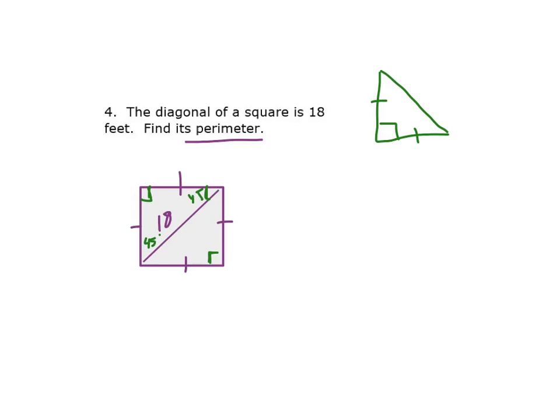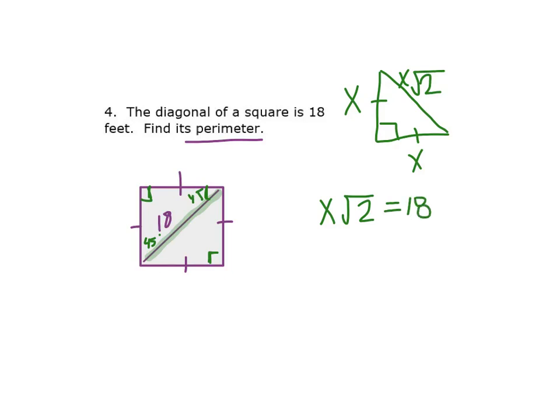So once again, we are looking at a special right triangle, 45, 45, 90. So each leg is represented by x. The hypotenuse is represented by x times the square root of 2. If the diagonal has a value of 18, then whatever is represented by x square root of 2 is equal to 18.